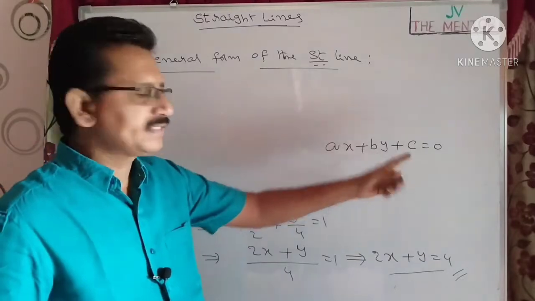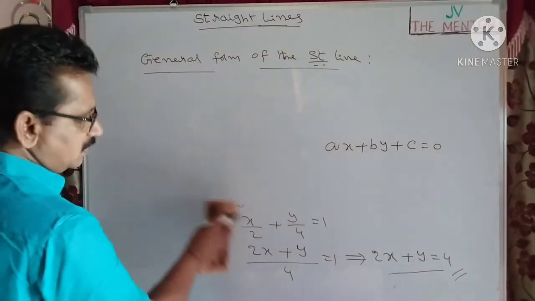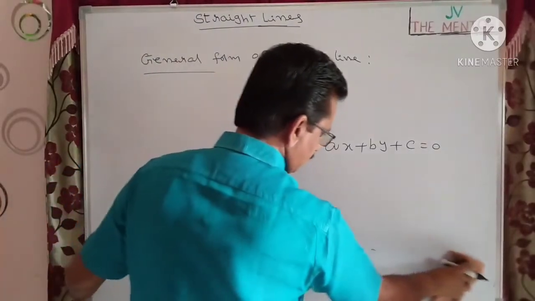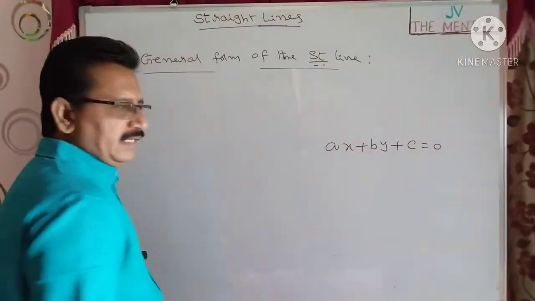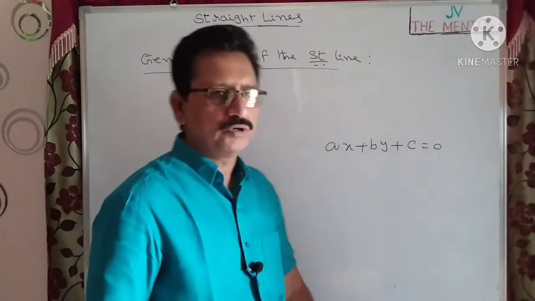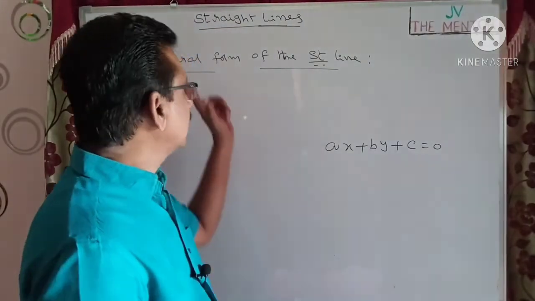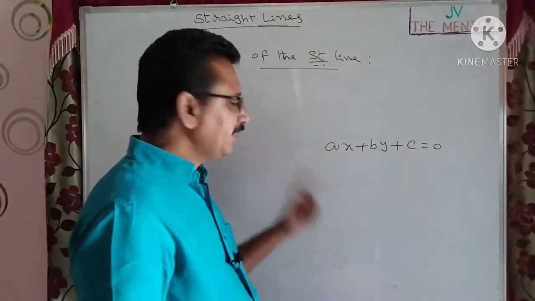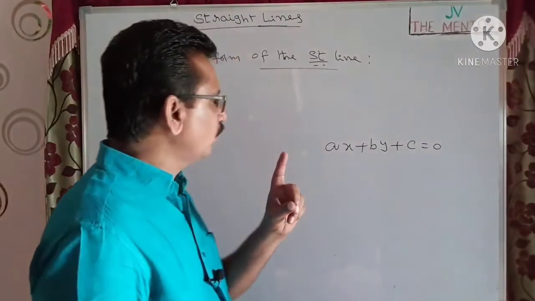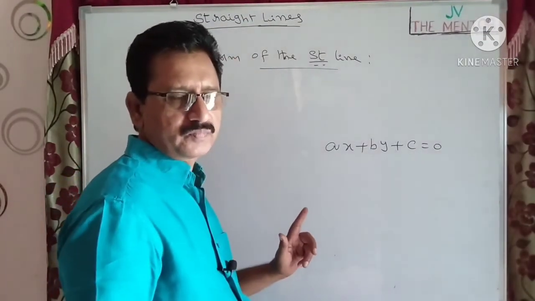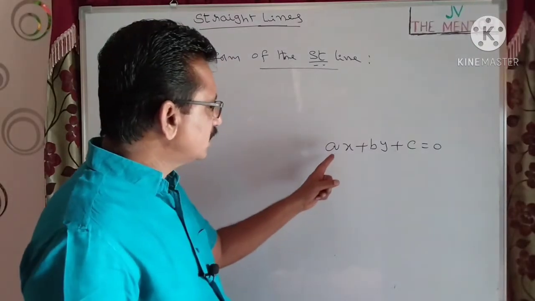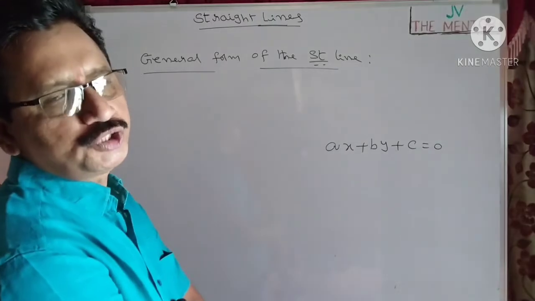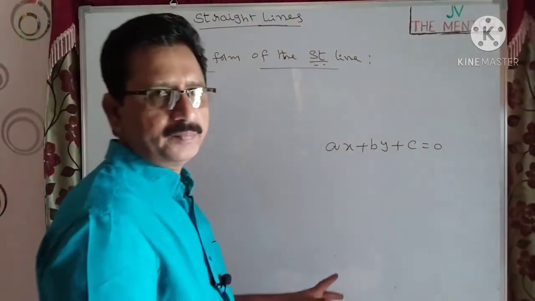Where A, B, C are real numbers, then Ax plus By plus C equal to 0 is the general form of the straight line. Okay? Here we have one condition: at least one of A, B is not equal to 0 at the same time.